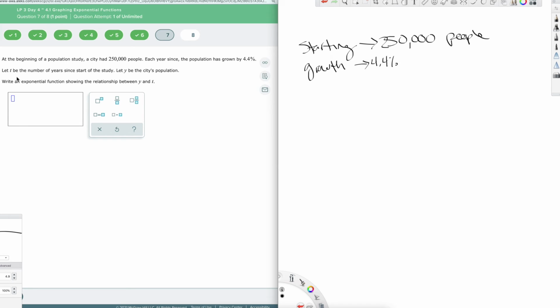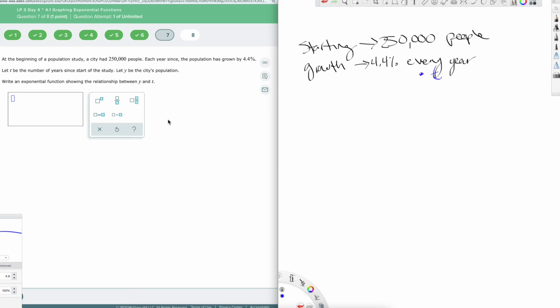We're going to let t be the number of years, and this is every year. And we're going to let y be the city's population. So that's going to be the total.